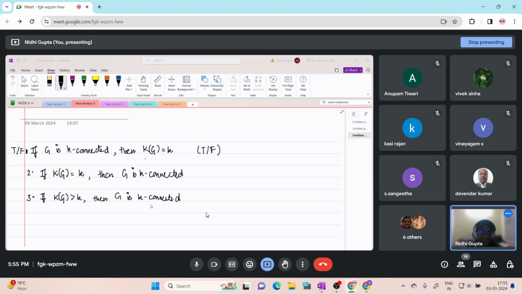And connectivity is the largest K for which G is K connected. So basically, if G is K connected, then is vertex connectivity K? True or false? If G is K connected, then it need not be K. Vertex connectivity is the largest K for which G is K connected.